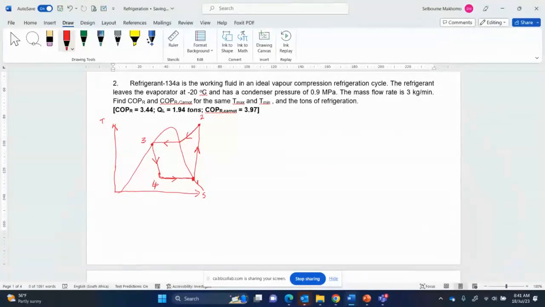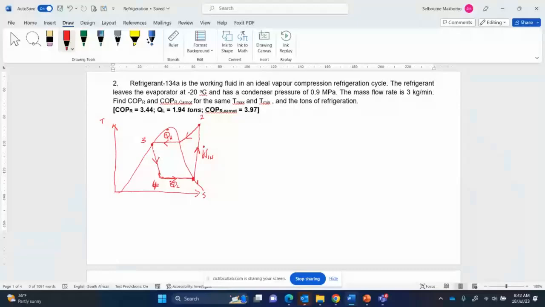And at 4 is wet vapor. So QL is between 4 and 1, and QH is between 2 and 3, and the compressor is between 1 and 2. So this is your TS diagram for an ideal system.